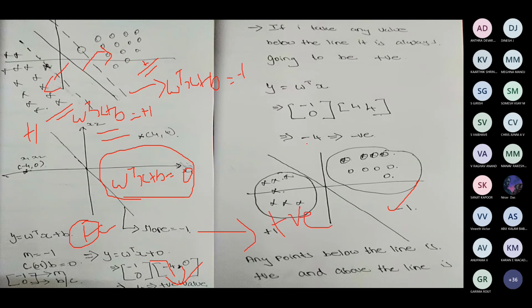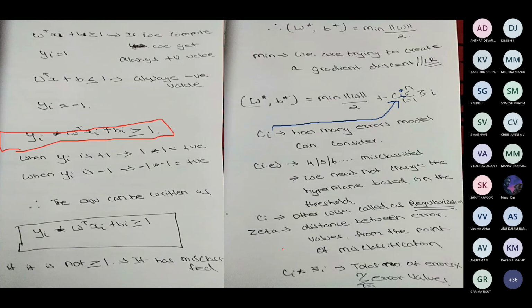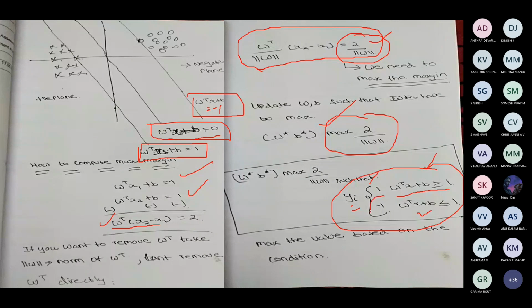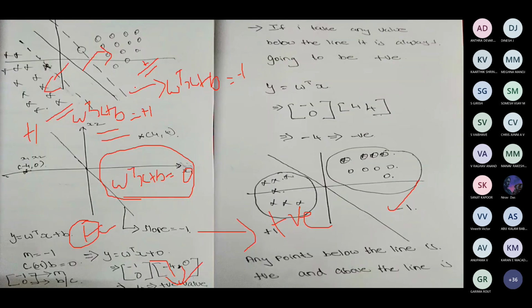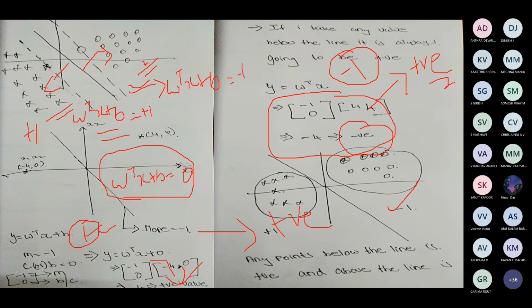But if yi is -1, that is this equation, that is this part. If yi is -1, then -1 into a negative value will always give me a positive value, in both the instances.